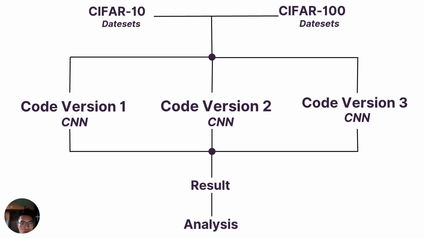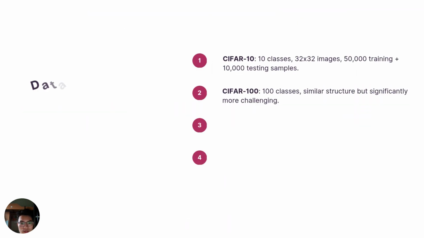I call them version 1, version 2, and version 3 by myself. I use the versions to analyze the datasets and then I get the results. After that, I make the analysis. Okay, so we're going to move to the next one.